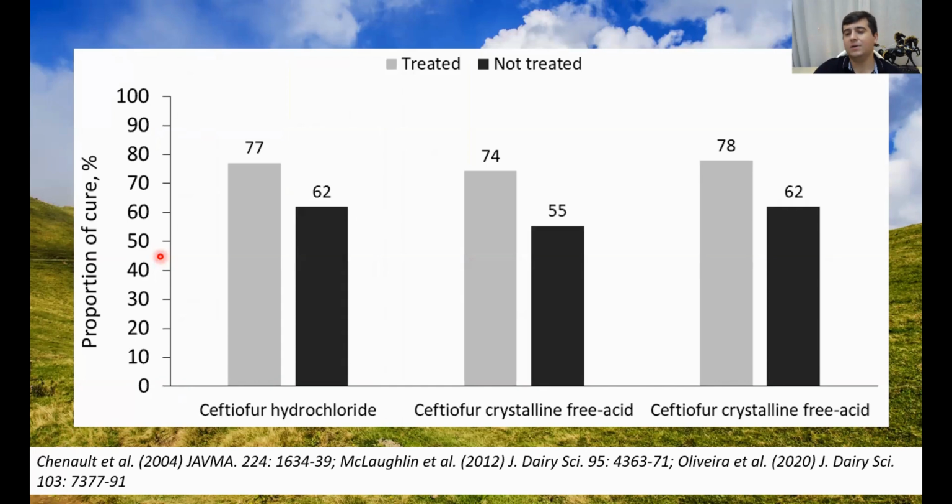Here, I want to show you the efficacy of the treatment of ceftiofur compared with animals with metritis that were not treated. On the x-axis, we have different formulations of ceftiofur, and on the y-axis, we have proportion of cure. What is proportion of cure? Well, these studies diagnose cows with metritis based on the visual evaluation of the vaginal discharge.